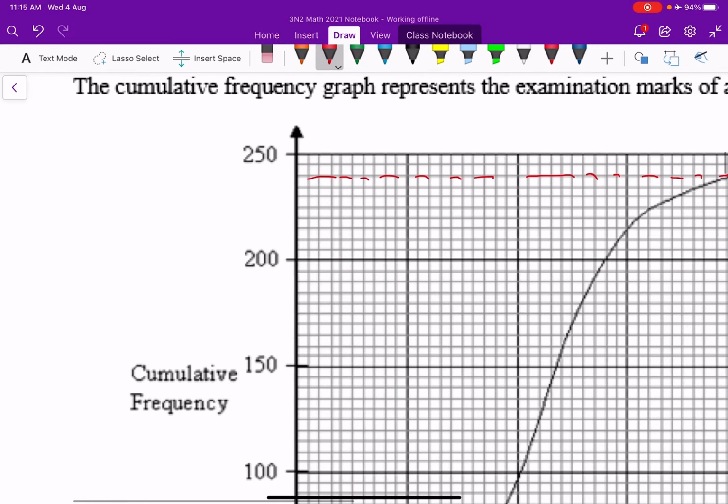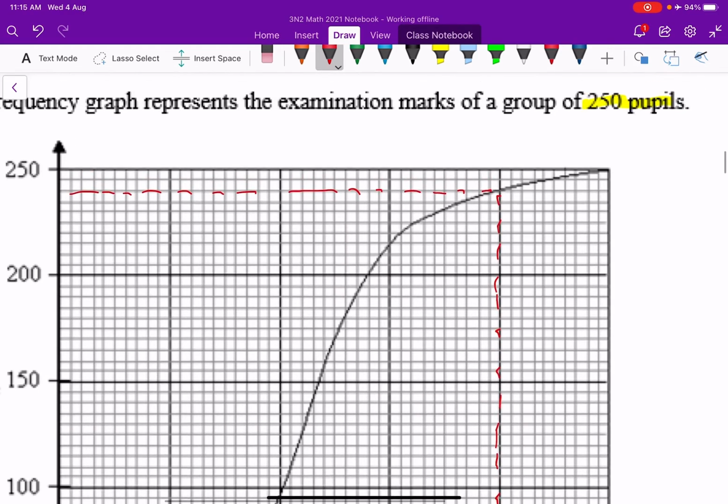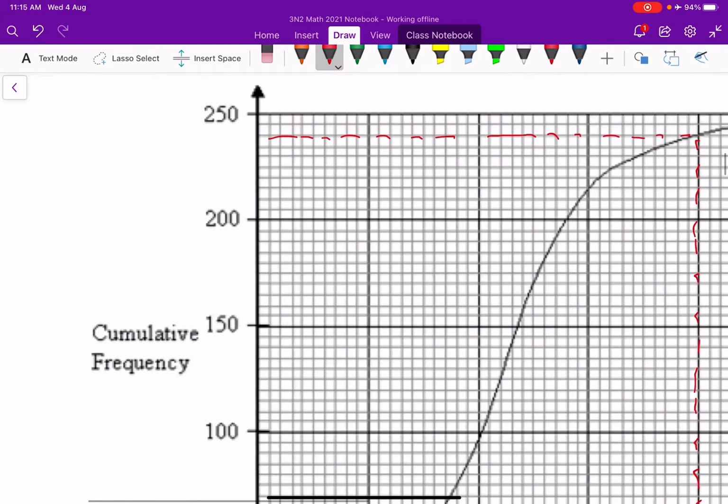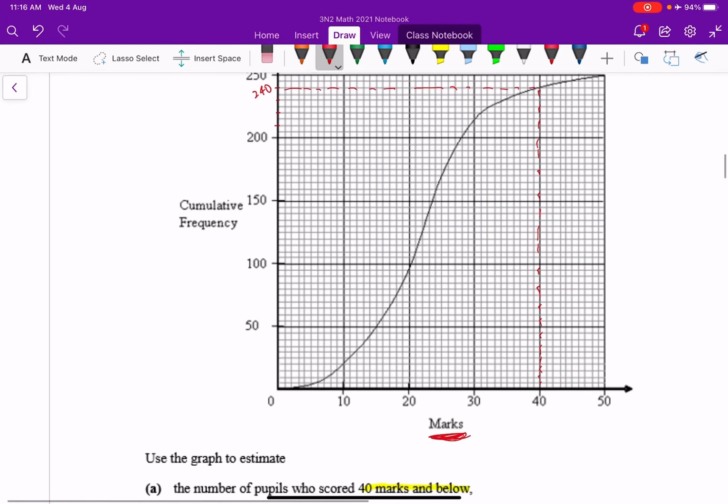So let's count the boxes now. When I go from 40 to the curve and find the value on my cumulative frequency axis, every 2 boxes is 210, 220, 230, and here I get that this is 240. So you need to count very, very carefully and properly.